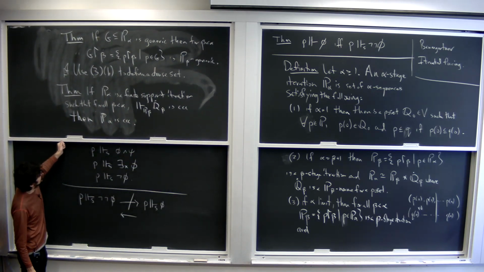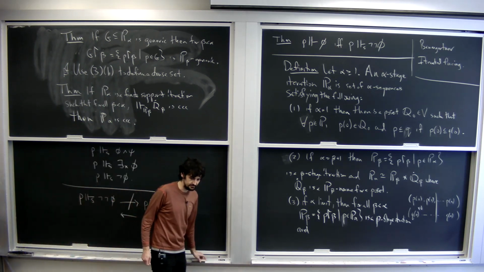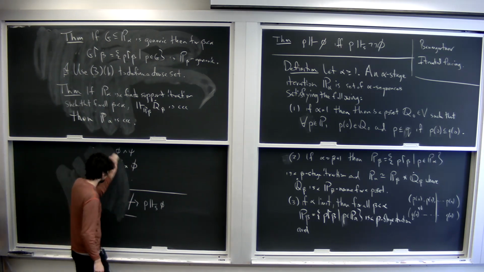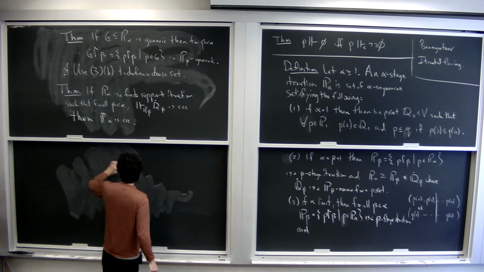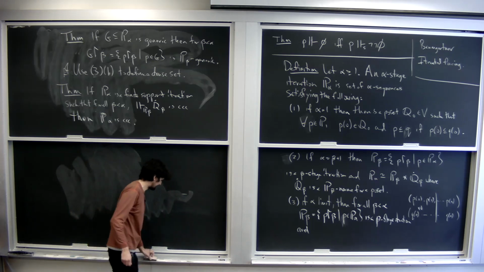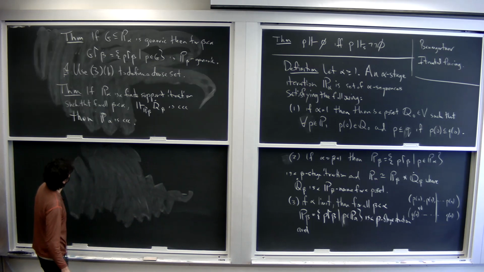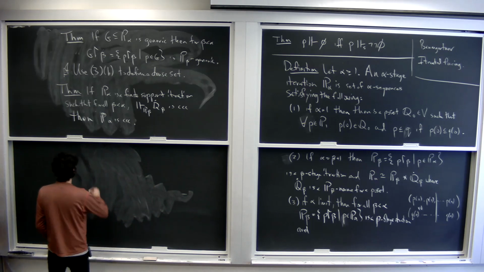Okay, so now we're going to prove that finite support iterations of CCC forcing are CCC. All right, so again, this is an inductive proof, and we're going to leave the successor step as an exercise.